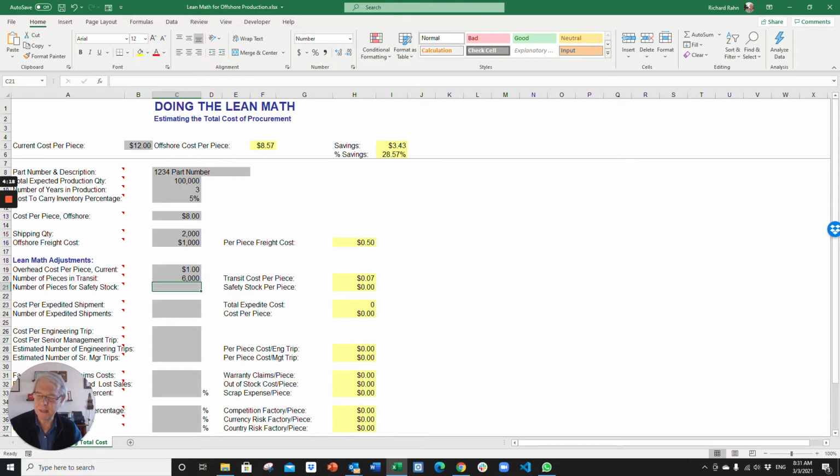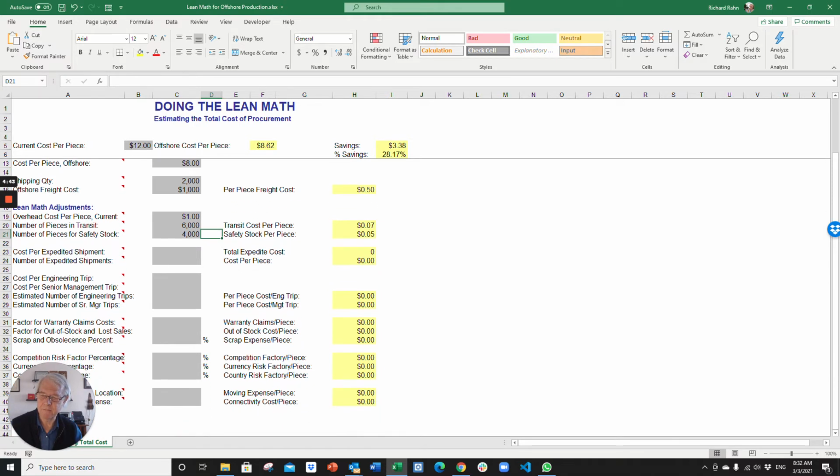The definition of that one is to estimate the additional inventory that may be required to hold to ensure uninterrupted supply. If this is coming from overseas, we don't want to just be hand to mouth, so we may have to hold some additional inventory in case something goes wrong, right? So now our cost is going up. We've added 7 cents per piece for transit cost and safety stock.